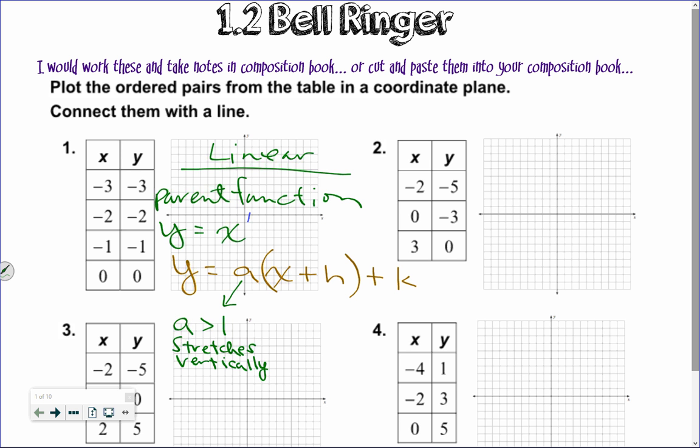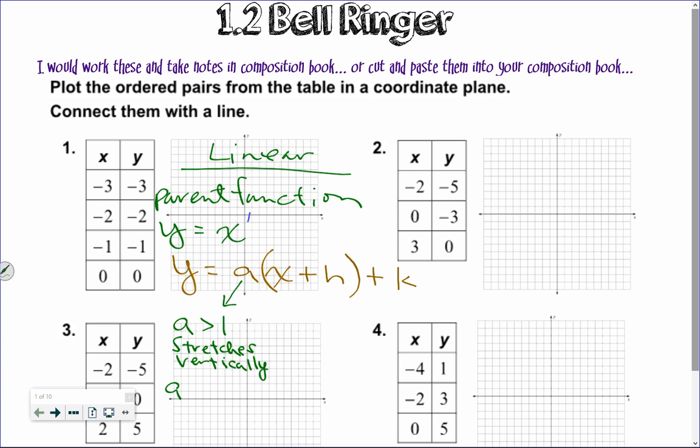And that's going to be the technical term that they're going to use on the ACT. It's going to stretch vertically. Which basically means it just gets what? Steeper. Okay? That's all it means. Just this line is going to get steeper.